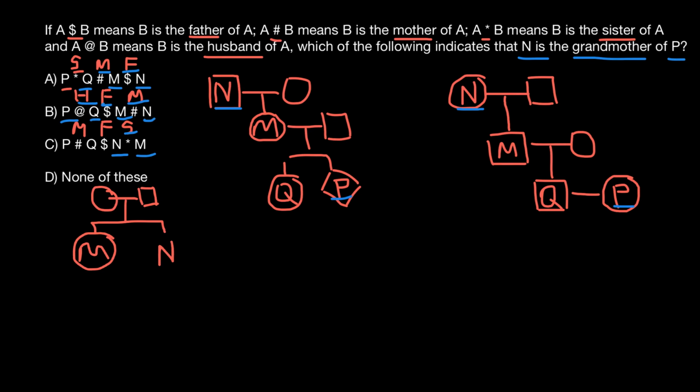They are not mentioned, but for a full picture we can add them here. And N is a father of Q. So we put a box here around N, and he is a father of Q.